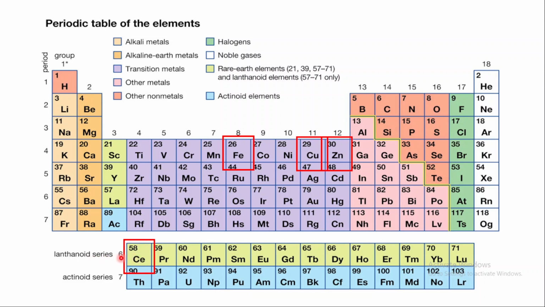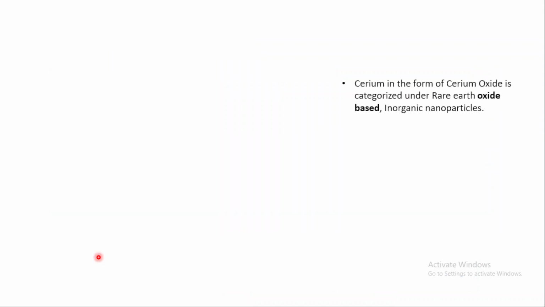Cerium is the second element of the lanthanoid series. Technically the second, if you consider lanthanum, La, 57. So cerium is among the lanthanoid series elements, right? Rare earth elements.